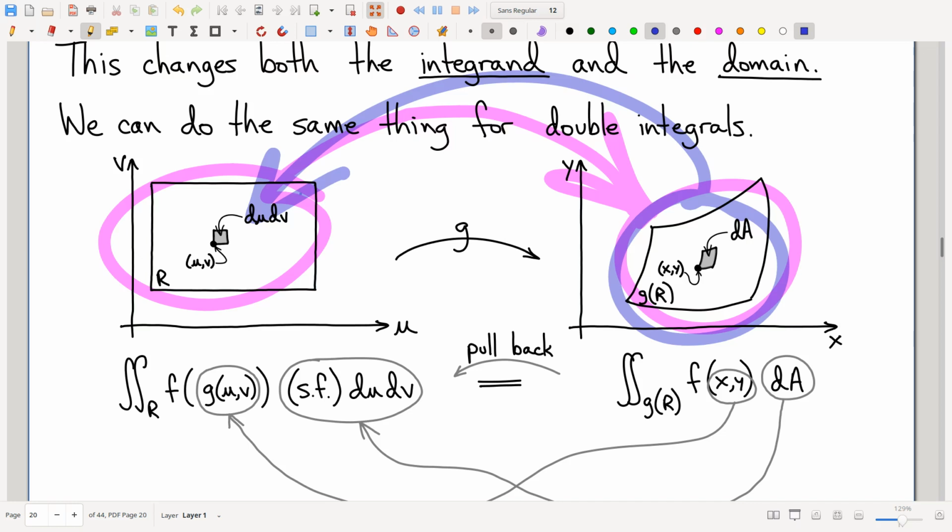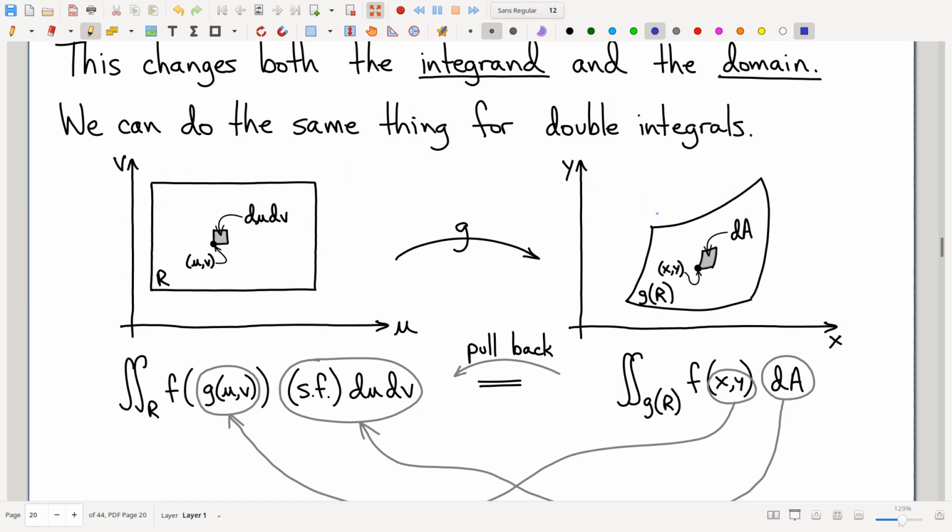So invertibility is another particularly important thing. And again, it shouldn't be an issue for us in this class.